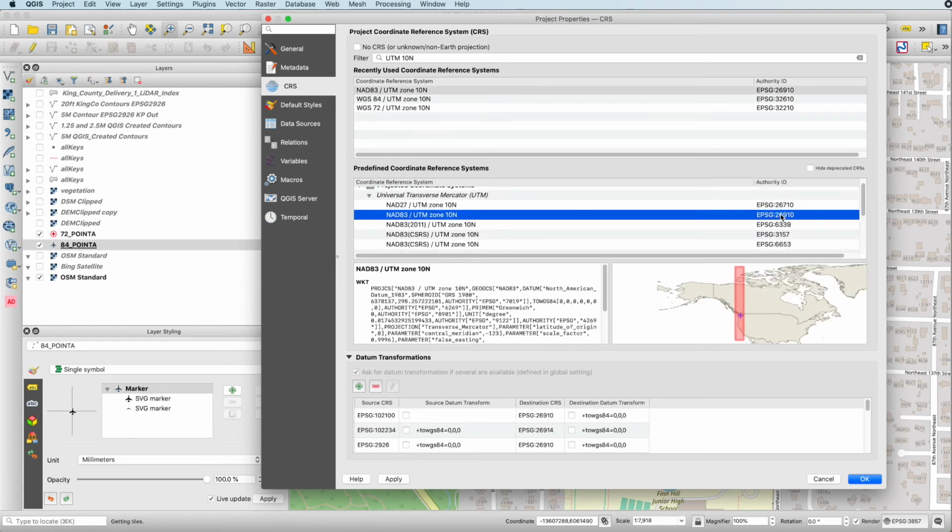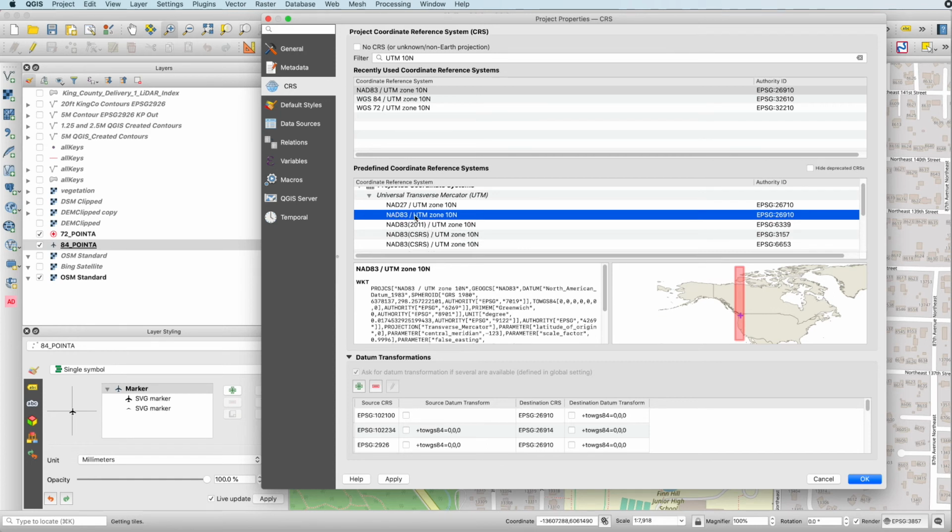Why did I decide that I wanted to use 26910 as my reference? One, I believe the NAD 83 datum is better for North Americans because the reference plane should not be moving relative to the other types of datum, such as WGS 84. WGS 84 is a global datum, and the NAD 83 is a North American datum, so our reference plane should be stationary. That may not be technically true, but for our purposes it is.